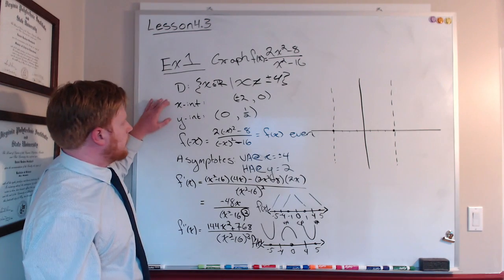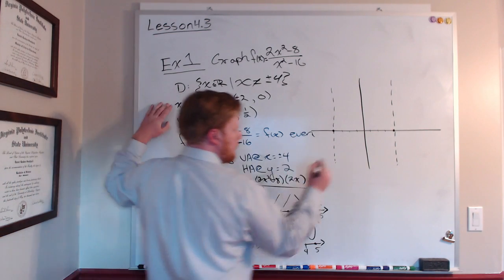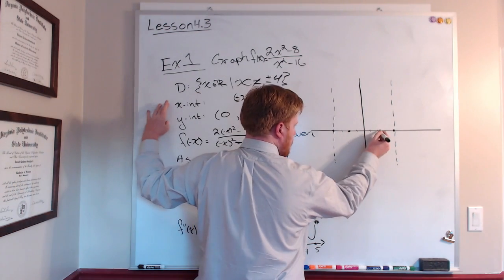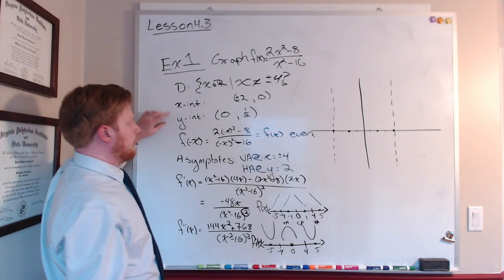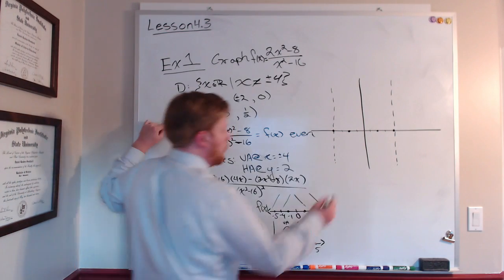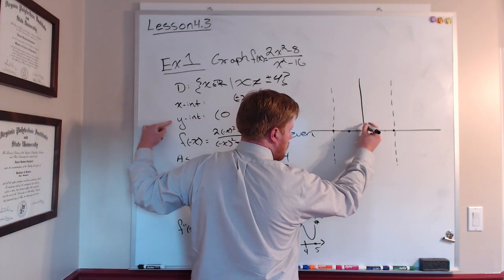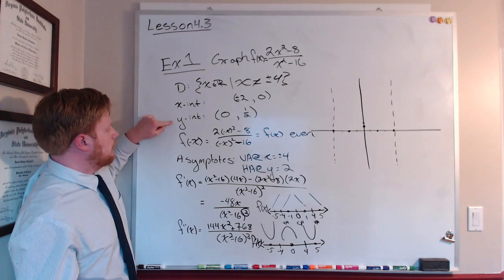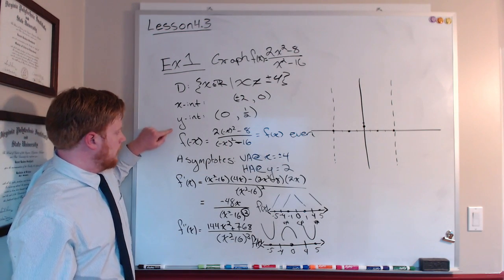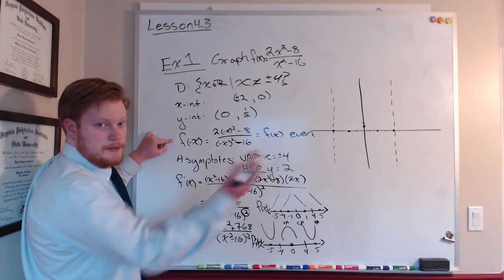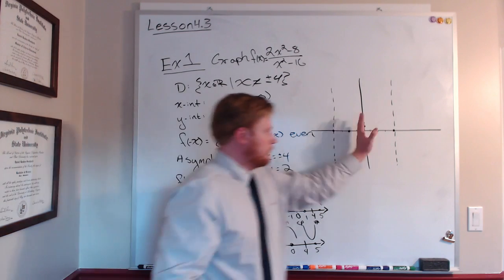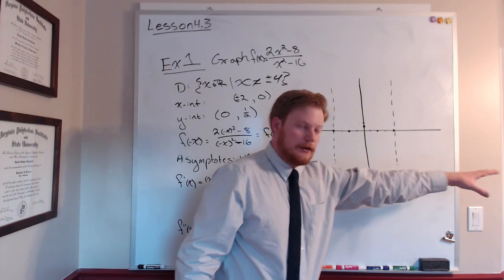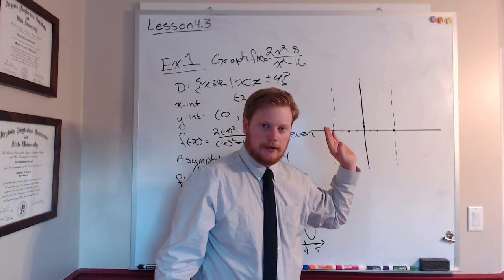Okay. I have x and y intercepts. I have x-intercepts at + and -2. I have a y-intercept of 1/2. If that's 1, then that's 1/2. Okay. It's even. So it's symmetric about the y-axis. So if I can get that side of the graph graphed, then I've got that side of the graph graphed. Right?